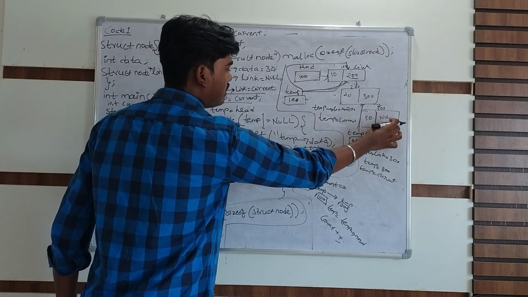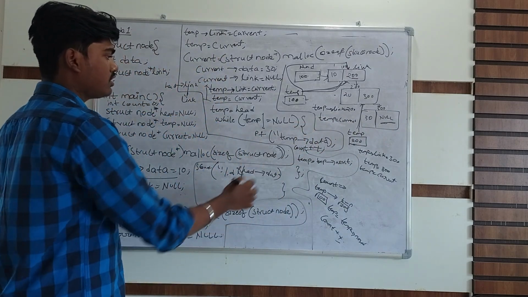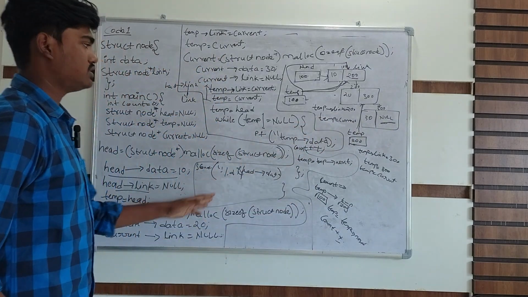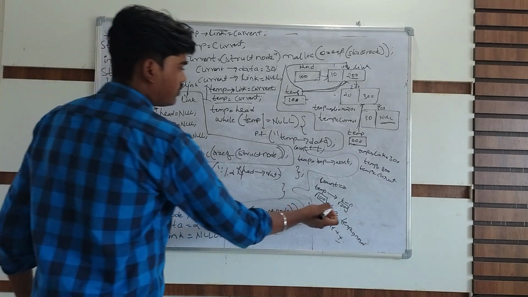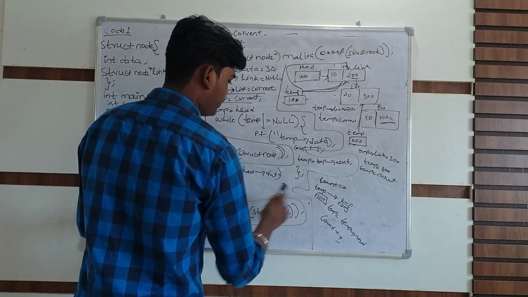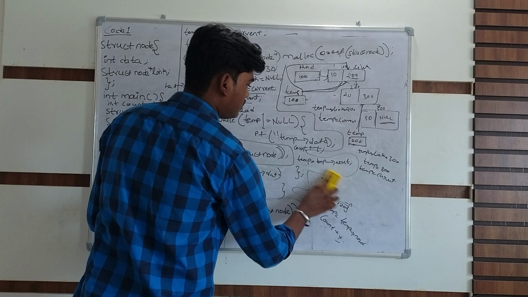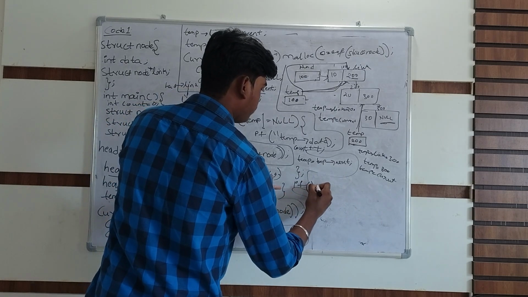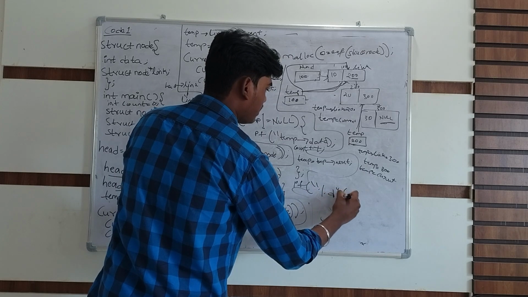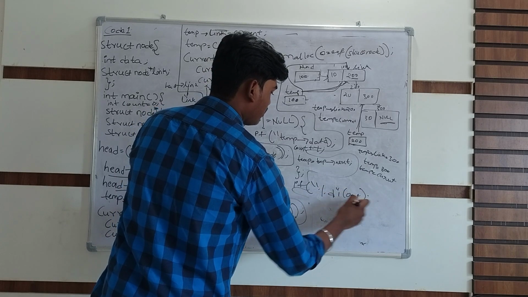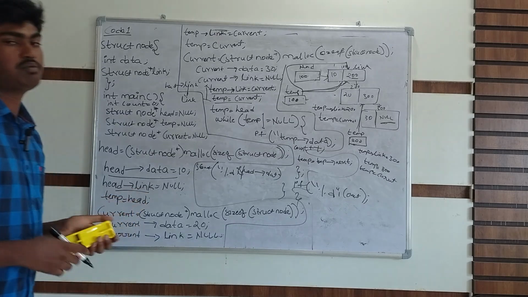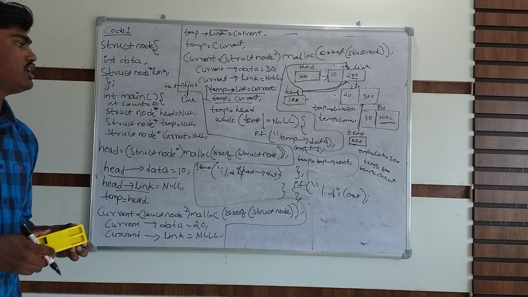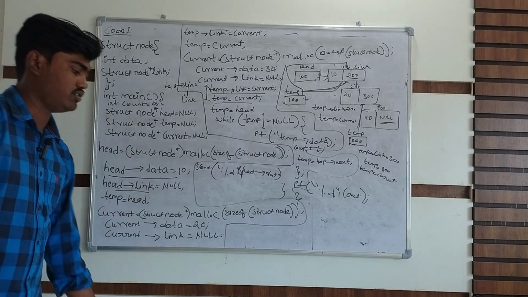Last node means that is null. Up to null, we have to do like this. The count will keep increasing. After that we have to print the count: printf Enter %d comma count. So this is our basic representation of a single linked list and the number of nodes present in the single linked list code.